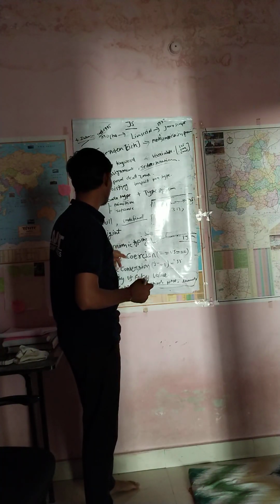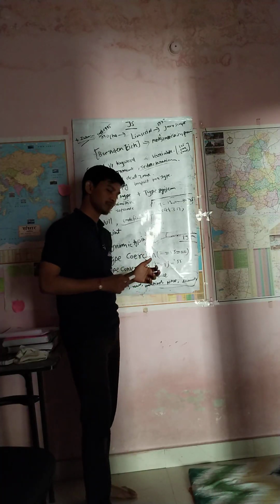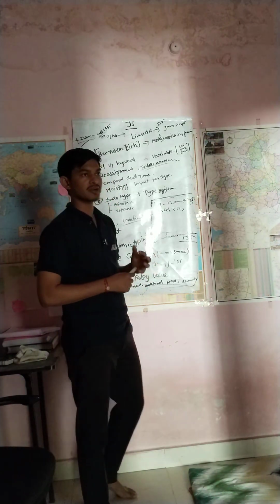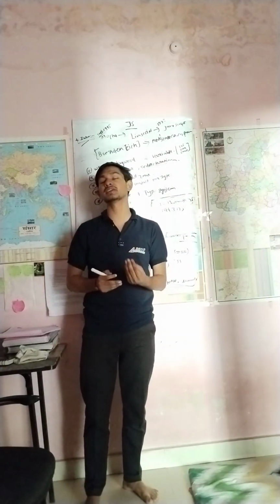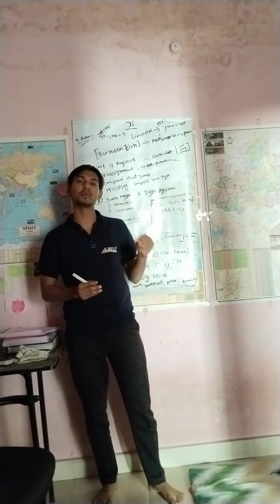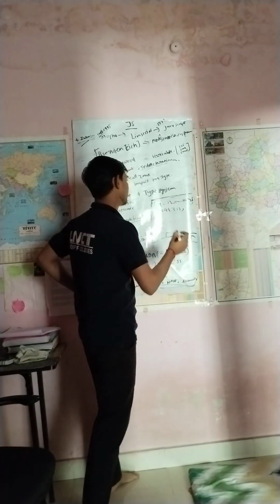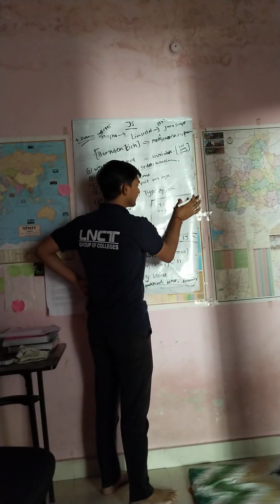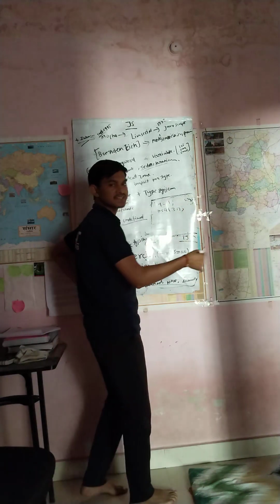Then it comes to dynamic typing. Basically, JavaScript is a dynamic programming language, where you can make any changes to your variables. Suppose you write a and give it value 1, then again and again you can make changes to it.